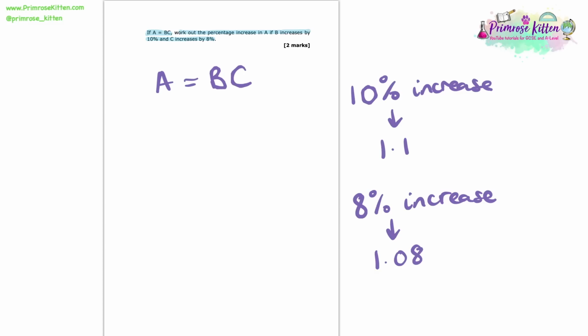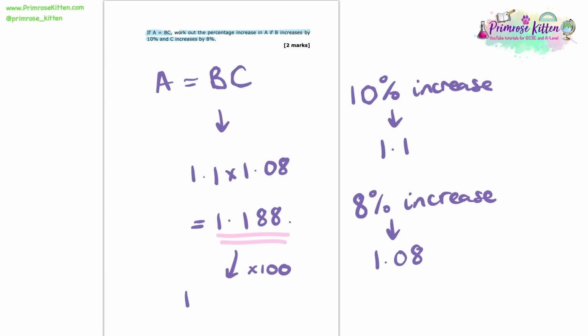So because A is equal to B times C, the increase that A is going to see is going to be the product of those two increases. So here we can say that the increase in A is going to be equal to this 1.1 times by 1.08. Now that will give us 1.188. Now that's a decimal, okay? We need the percentage increase. So we're going to kind of go backwards from how we found the multipliers before to turn it to a percentage.